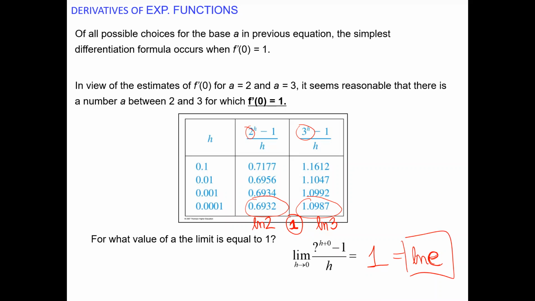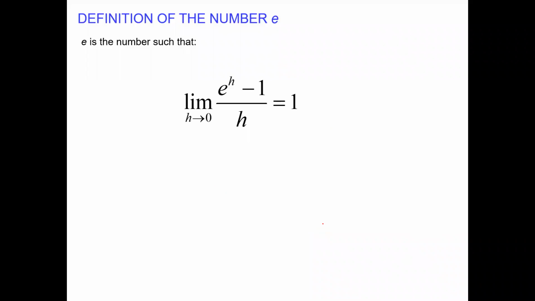I think this is also one of the ways to define the number e. That's what we wanted. We wanted that limit, because this limit is quite important, to be exactly 1. And if the base is e, this limit is 1. That's one of the definitions of the number e.